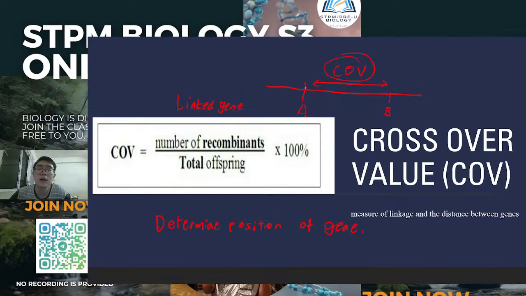You need to know whether the order is A, B, C or C, A, B, and so on. If they just asked you to calculate the COV value, you would just memorize the formula, so that is too easy for an examination. It will be a more analytical question, normally in objective or structured questions.